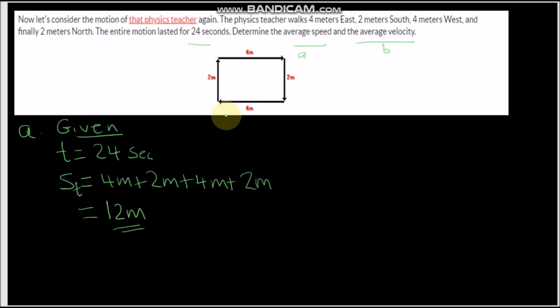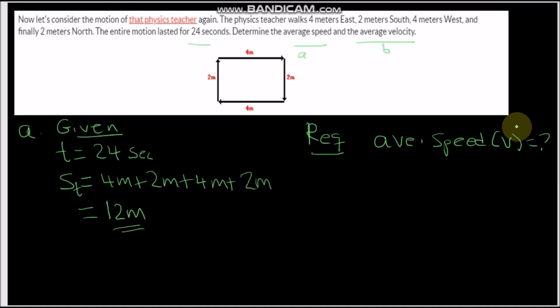You are required the average speed v. Solution: the average speed v without arrow is equal to the total distance traveled over the time.